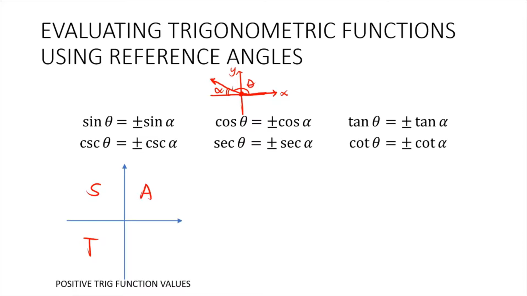So if sine is negative and cosine is negative, then the ratio is positive. And lastly, in the fourth quadrant, only the x component is positive. Therefore, the only positive trigonometric function in this case is the cosine function and its reciprocal, the secant function.